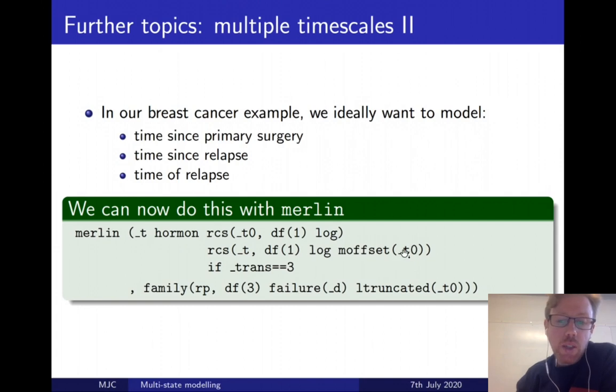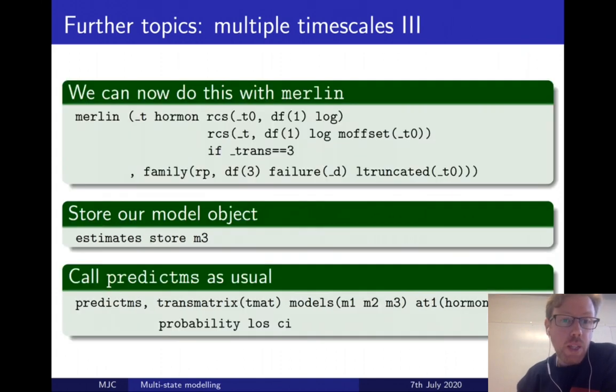So take away the time of entry from my survival time, which recovers my time since relapse. It's a very general command to fit such multiple timescale models. Fit the model, it's the same one as before, store it again, pass it to predictms. Okay, so predictms works really nicely with multiple timescale survival models.